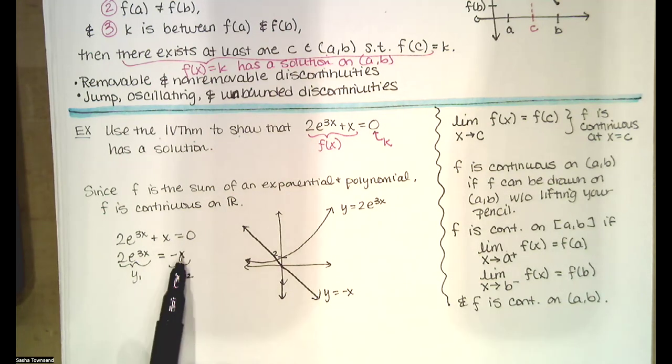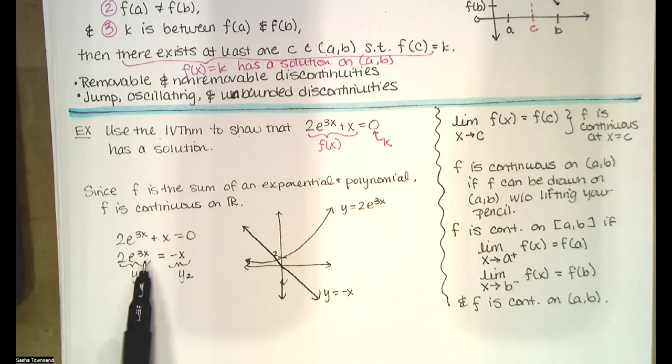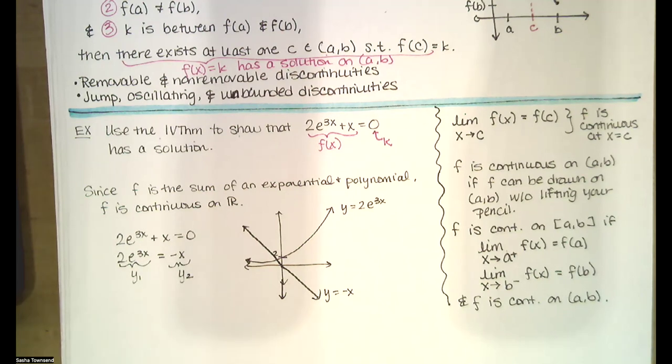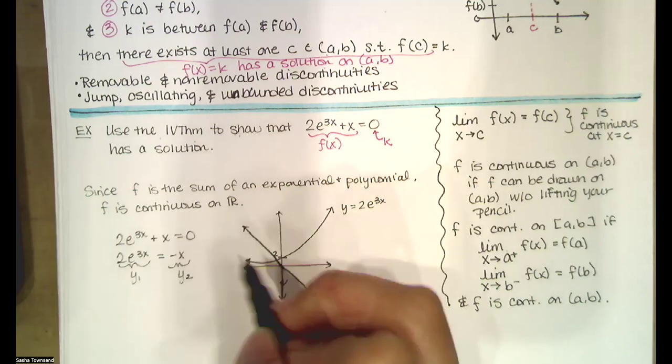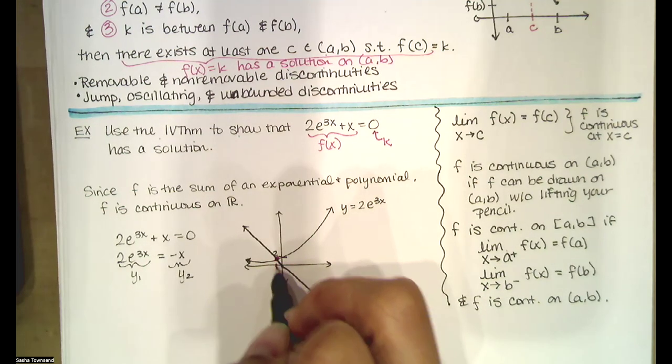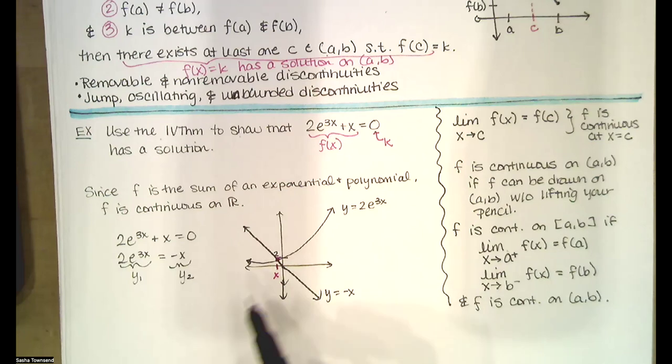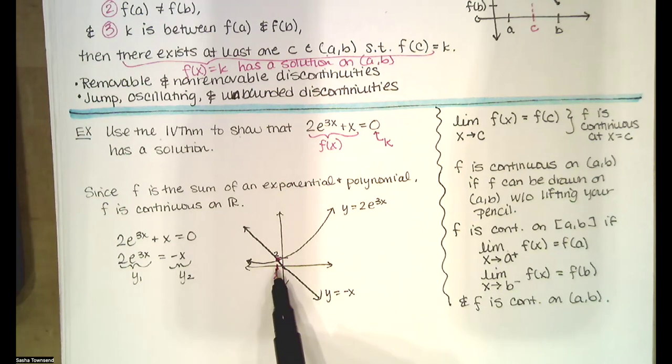And the solutions of this equation are just where this curve crosses this curve. That's actually a point. The solution is that corresponding x value of that point. So it looks like our x value is negative. It's not very large in magnitude. It looks like it's close to 0, but it's definitely not 0. And I just need to figure out what that x value is.